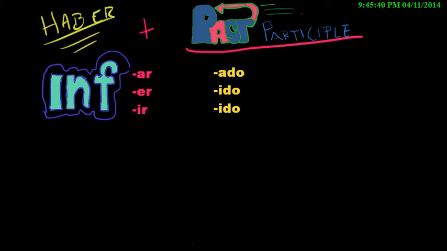Okay, we have these three endings. The verbs in Spanish in their infinitive forms always end in ar, er, or ir. For example, a verb that ends in ar, comprar. To form the past participle of this verb, ar becomes ado. We drop the ending ar and it becomes ado, comprado.